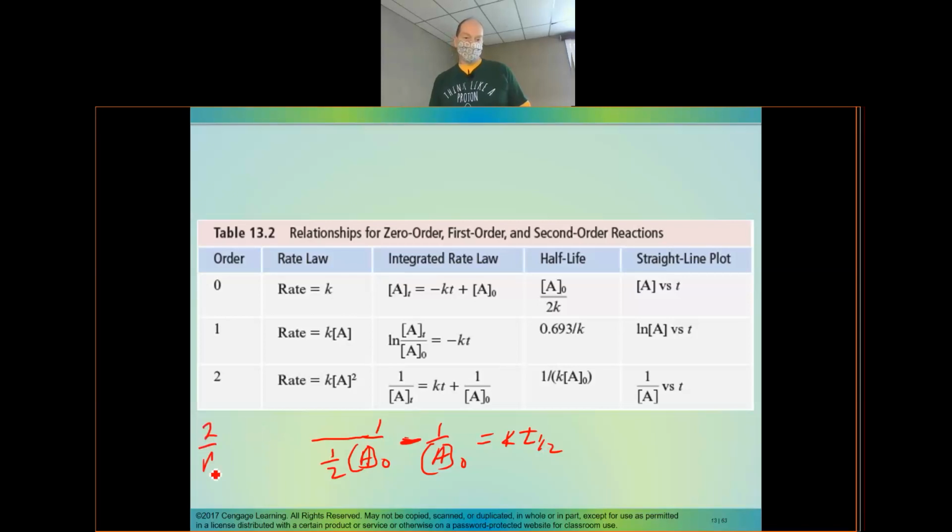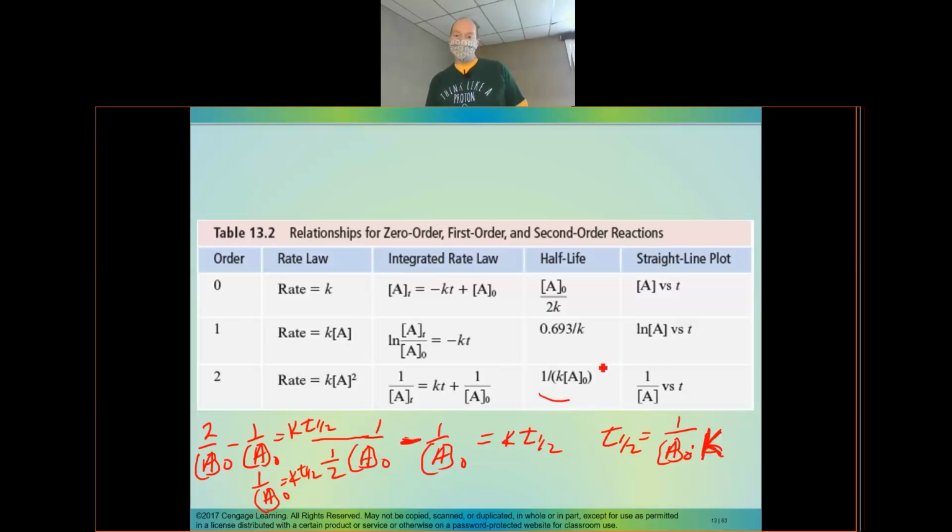You have 2 over your A initial minus 1 over your A initial, equal to K T 1/2. With a common denominator, 2 over A0 minus 1 over A0 is 1 over A0, 1 over A initial, and that is equal to K T 1/2. Then you divide both sides by K. So you end up with your half-life for second order equal to 1 over K times your initial concentration of A.